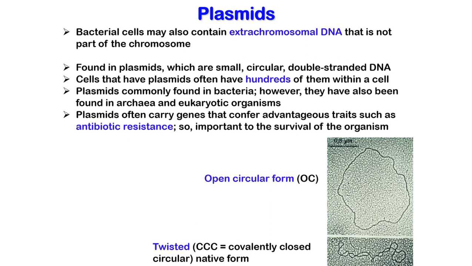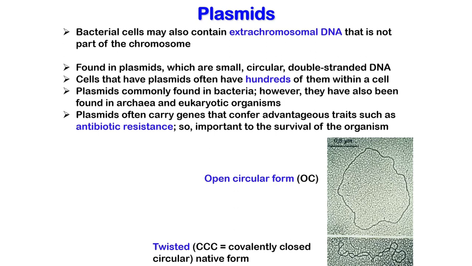As we said before, bacteria may also contain extra chromosomal DNA, that is, DNA in addition to the main genome. This extra chromosomal DNA is present as plasmids, which are small circular double-stranded DNA. There are often hundreds of these in the cell, and these are separate to the main genome.